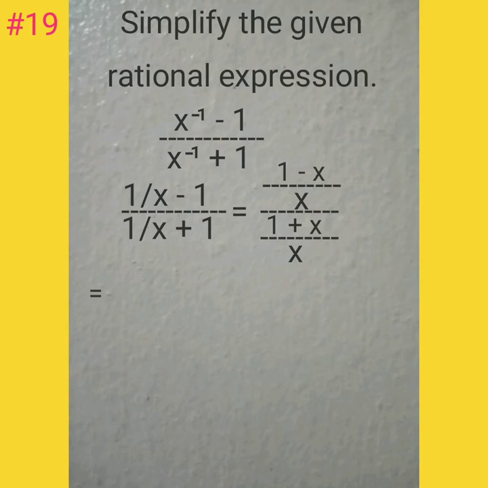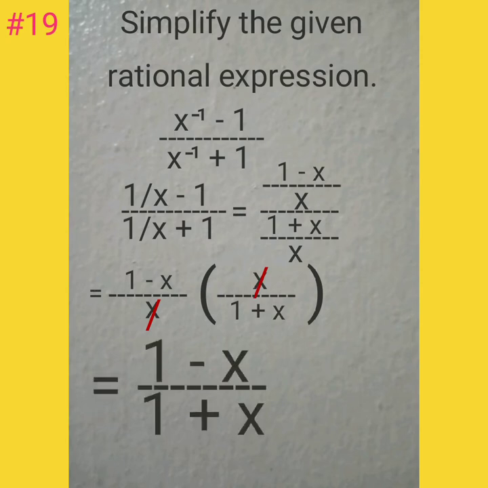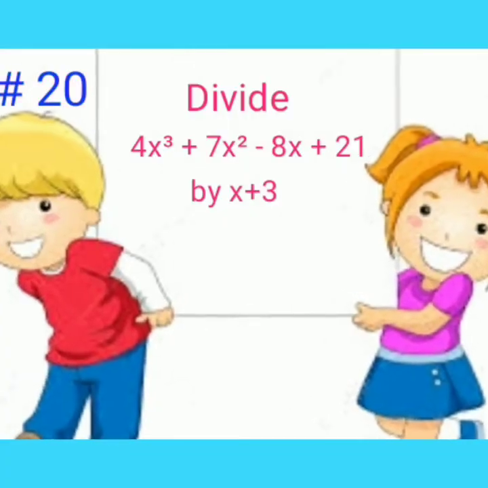Since it is a complex fraction, we can multiply the numerator by the reciprocal of the denominator. That will be (1 - x) over x times the quantity of x over (1 + x). So the simplified form of x⁻¹ - 1 all over x⁻¹ + 1 is (1 - x) over (1 + x).